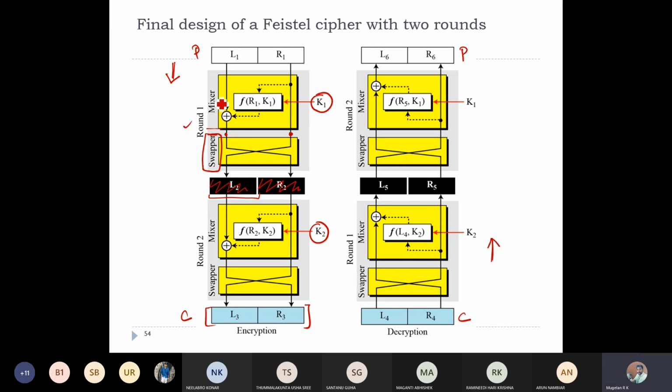Here this is round 1, this is round 2, whereas here this is round 1, this is round 2. The key K2, which is used last in encryption, will be used first here, and the first key used in encryption will be used last. Sorry.